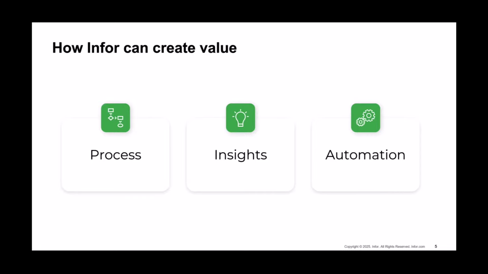Then bringing it all together with automation, the third pillar. Automation is all about automating low value repetitive tasks, in terms of robotic process automation, or what's becoming even more prevalent in the market, AI, Gen AI, and now agentic AI.